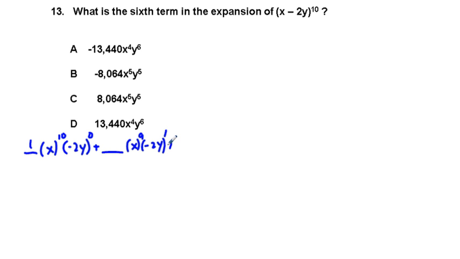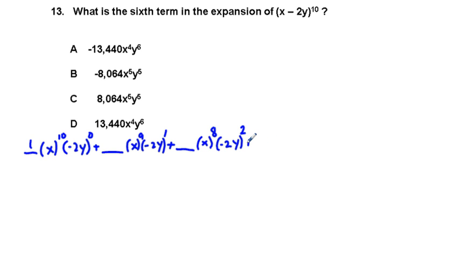Our third term is going to be a coefficient, x to the 8th, and then this negative 2y squared. So that's our third term.